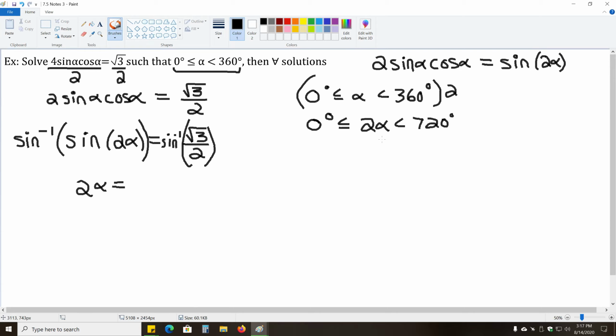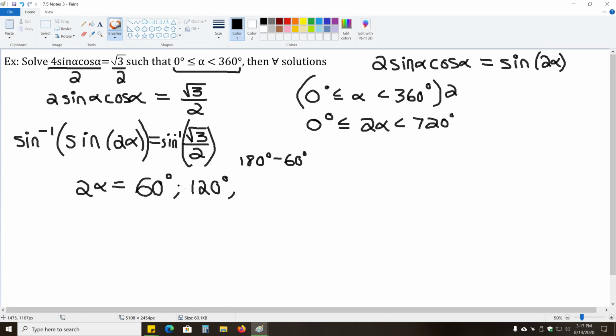And all of those values have to be between 0 and 720. So the first value where that's true is in quadrant 1, that's 60 degrees. The second value where that's true is in quadrant 2. The reference angle to 60 degrees in quadrant 2 can be found by taking 180 degrees and subtracting 60 degrees from it, which gives us 120 degrees.